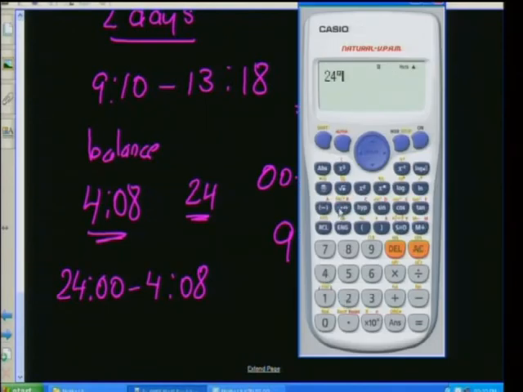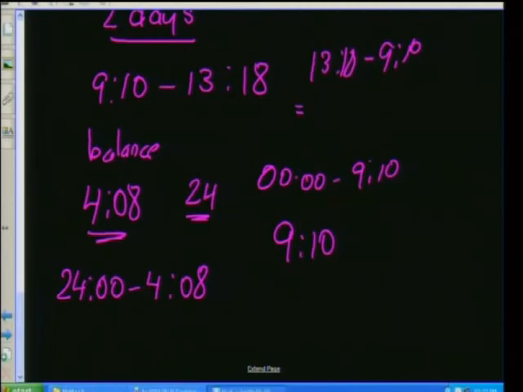So I'm taking 24 hours and 0 minutes minus 4 hours and 8 minutes, and I get an answer of 1952. So that is nearly 10 to 8. So what have I calculated? I've totally ignored the length of the ceremony, of the graduation.